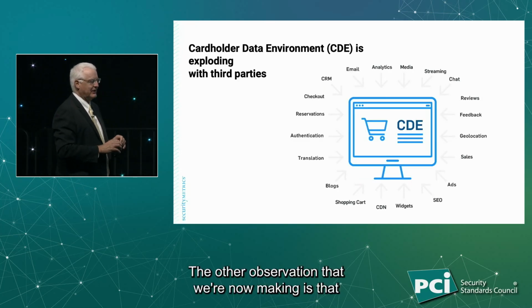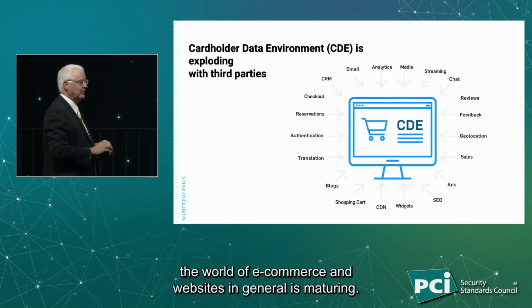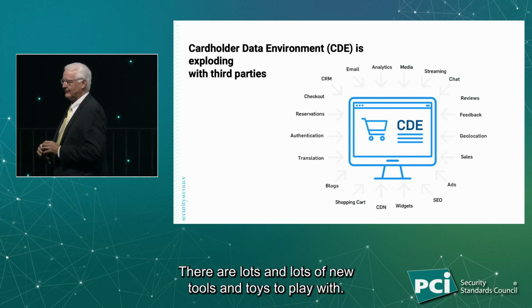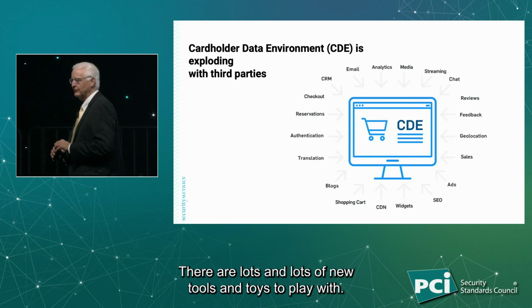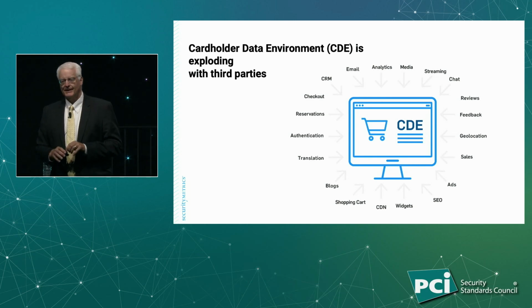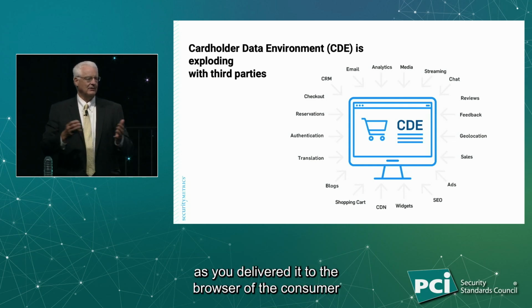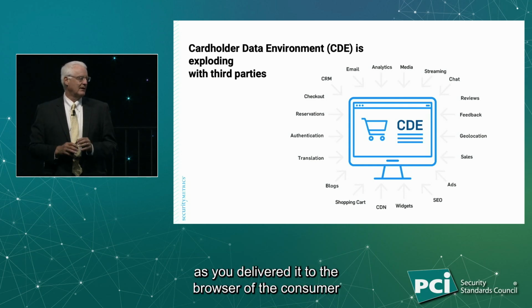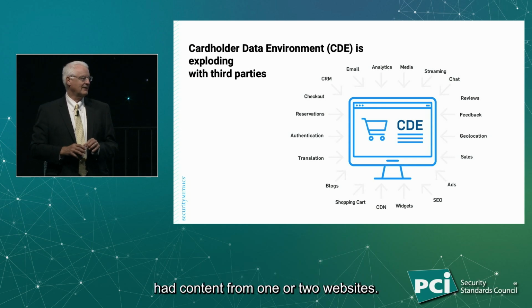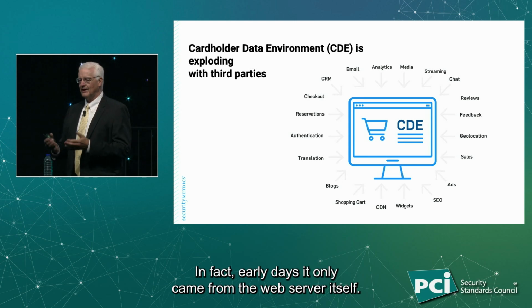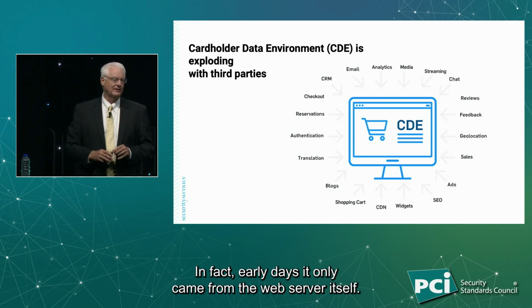The other observation that we're now making is that the world of e-commerce and websites in general is maturing. There are lots and lots of new tools and toys to play with. So it used to be in the early days that your website, as you delivered it to the browser of the consumer, had content from one or two websites. In fact, early days, it only came from the web server itself.